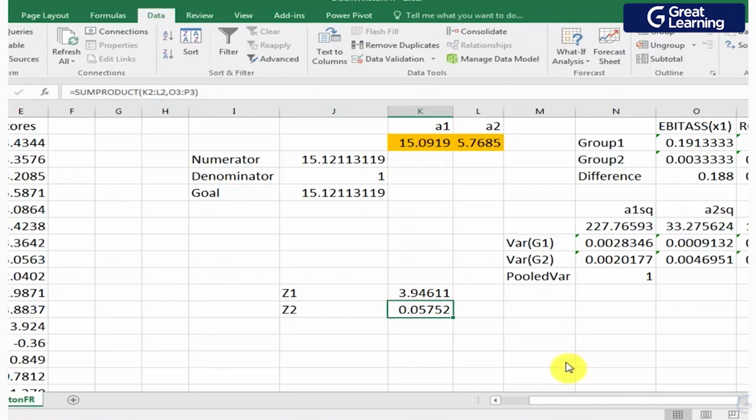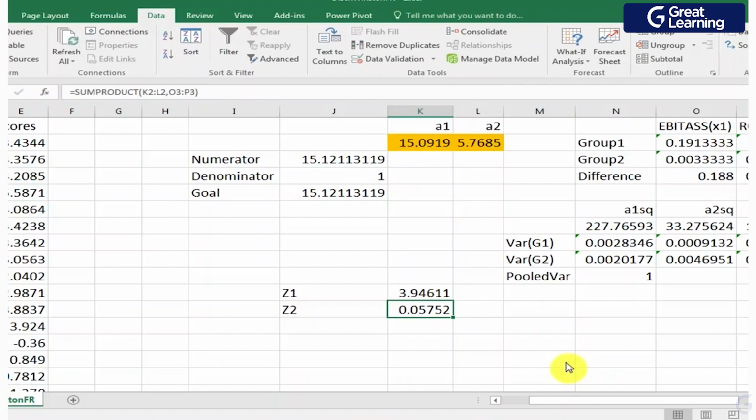In other words, if the score is closer to Z1, classify as group 1. If the score is closer to Z2, classify as group 2. But then what will happen if the score is in between? You may say that whenever the score is less than or equal to Z1, classify as most admired.